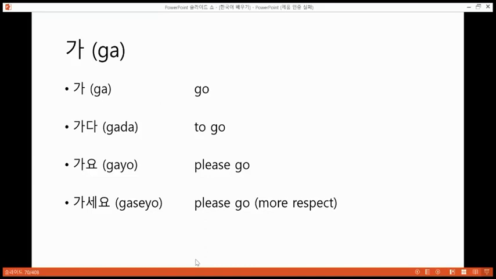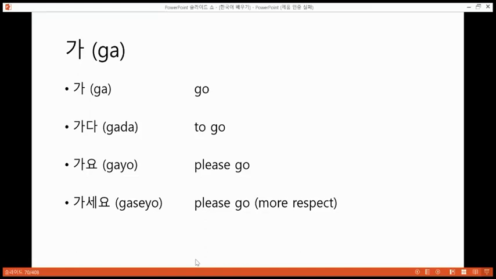Say 언제 가세요? When are you going? Now, if you are asking a question, you have to use the respectful word like 가세요. But if you are answering, you have to use a humble way because you cannot lift up yourself when you are answering. So when you ask a question, use 가세요. When you answer, use 가요.